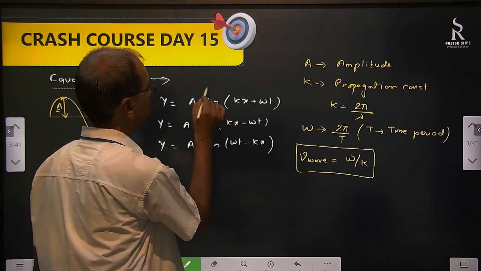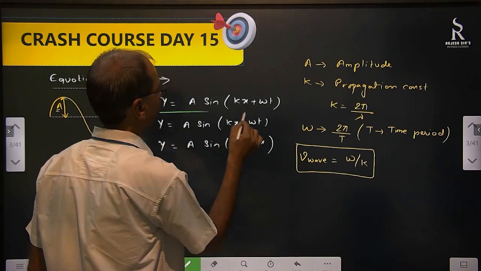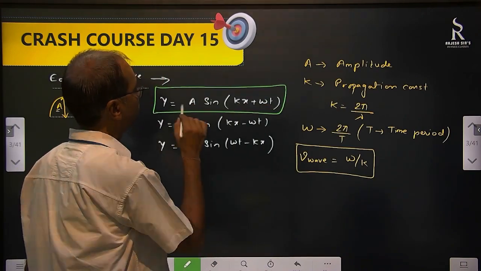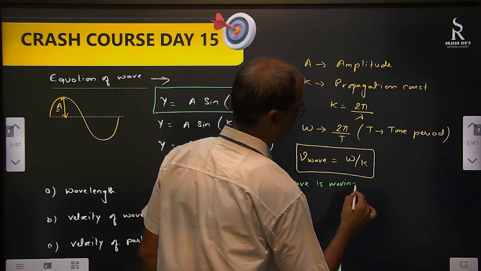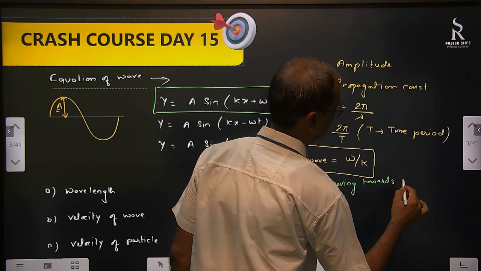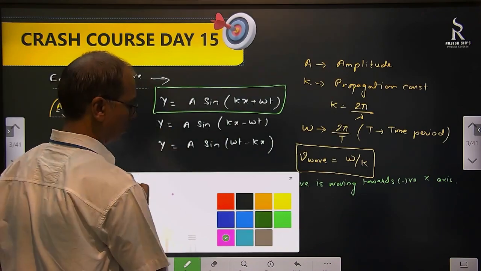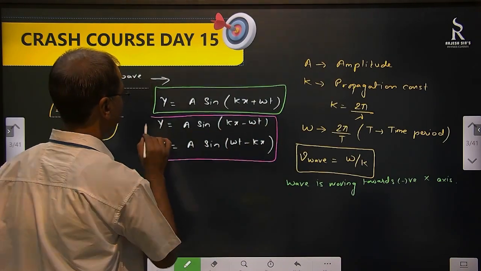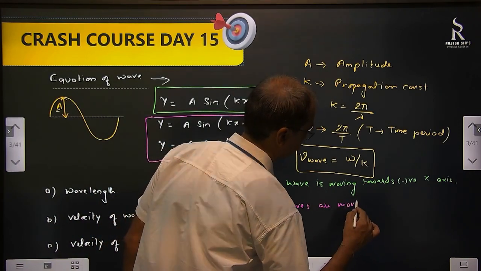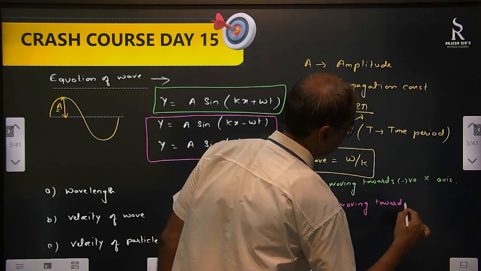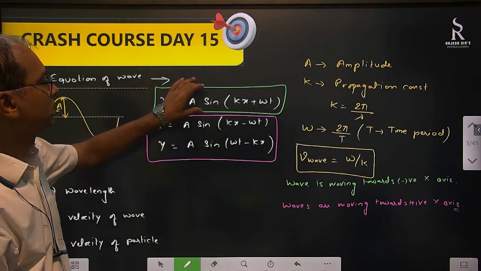The first one, I'll mark it with a different color, the green one, the wave is moving towards the negative x-axis, whereas the remaining two waves are moving towards the positive x-axis.